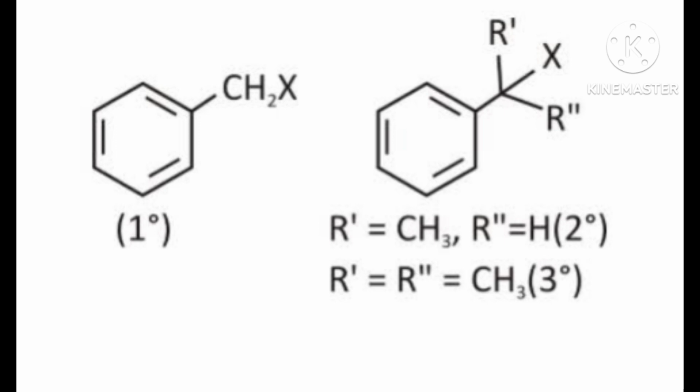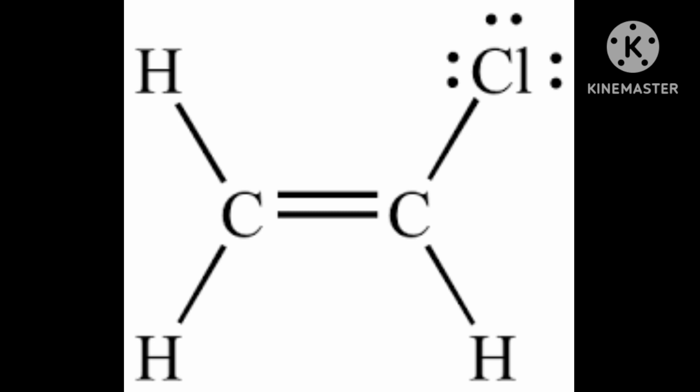Then it will be called secondary. First it was primary because one carbon of the benzene ring was attached with methyl. Correct? That's why it was primary. Now CH2X is primary. From that CH2, 1 H is replaced with another alkyl group, R dash for example, and then 1 H will remain. Then it will be called secondary.